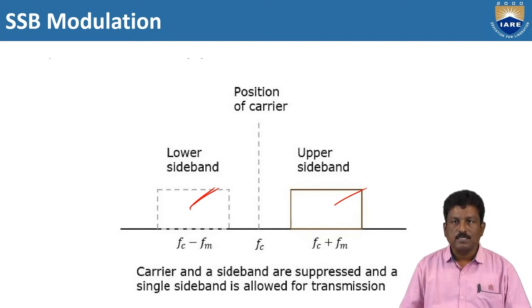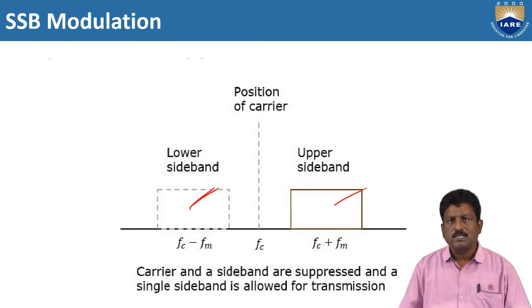Because of the symmetrical nature, mirror image to each other, with the help of one sideband we can retrieve the other. Suppose you transmit the lower sideband, then automatically with the symmetrical property you can retrieve the upper sideband.